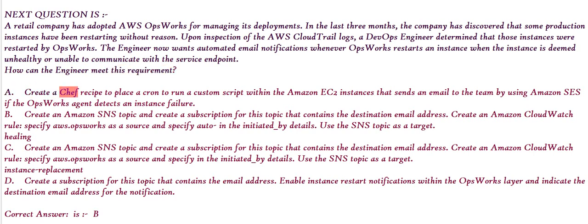A. Create a Chef recipe to place a cron to run a custom script within the Amazon EC2 instances that sends an email to the team by using Amazon SES if the OpsWorks agent detects an instance failure. B. Create an Amazon SNS topic and create a subscription for this topic that contains the destination email address.